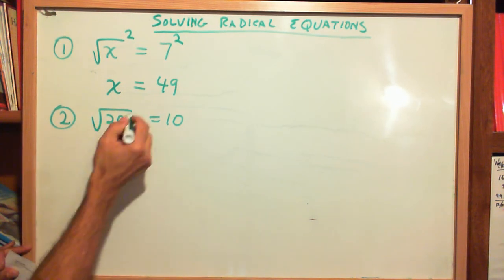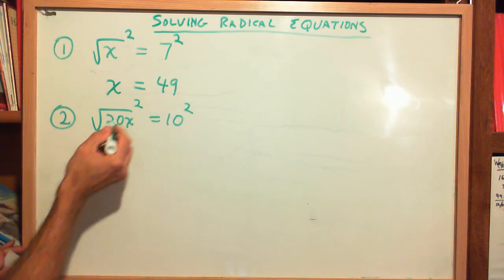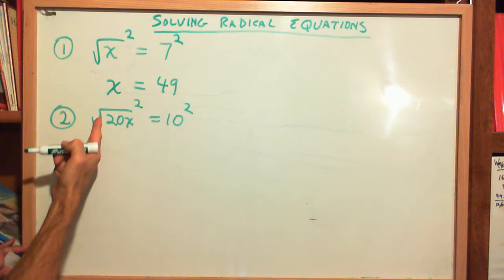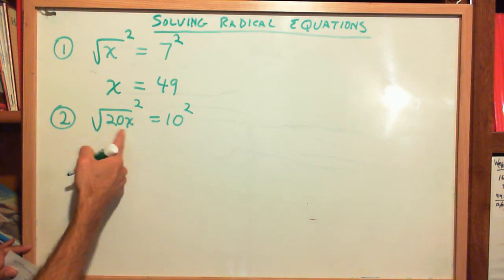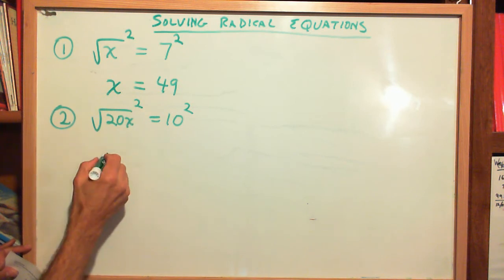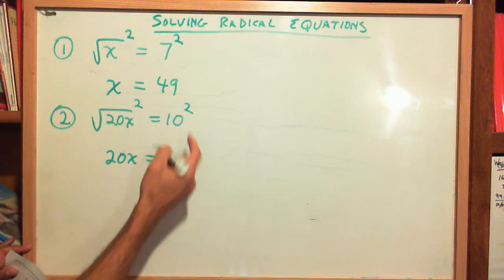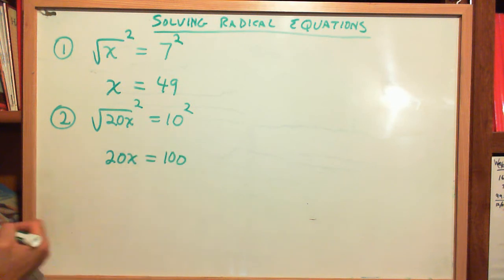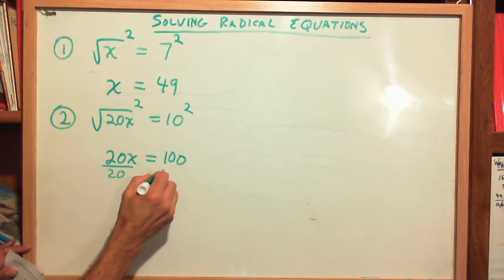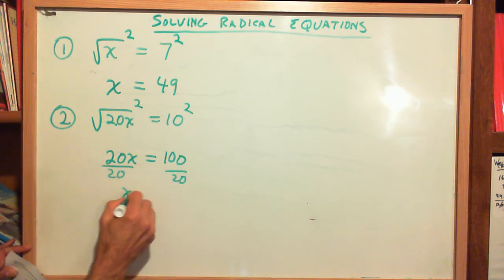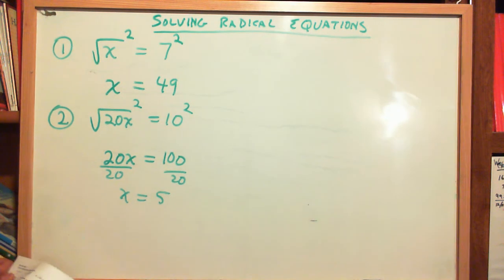It's totally isolated. Therefore, I can square both sides. By squaring both sides, it gets rid of the radical sign and the square, and all I have left is what's inside the radical, which is 20x equals 10 squared, which is 100. Now I'm supposed to solve for x, so I'm going to divide by 20. x is equal to 5. Not hard, right?